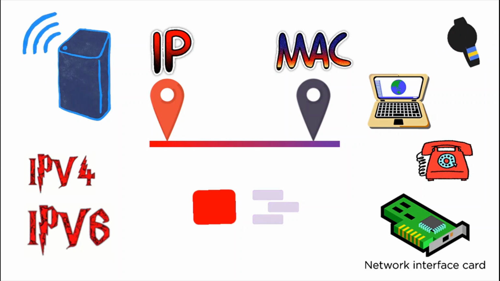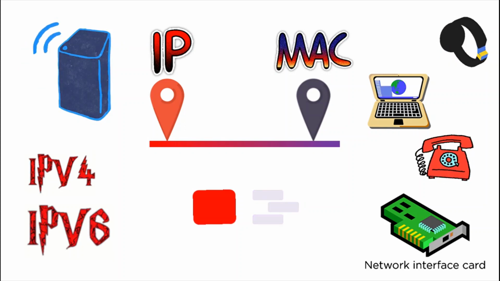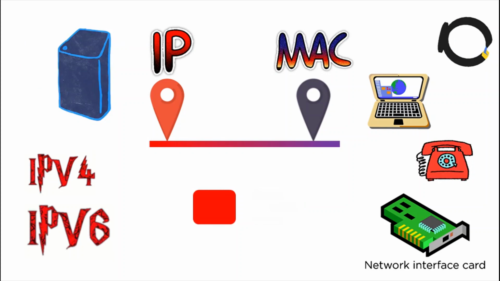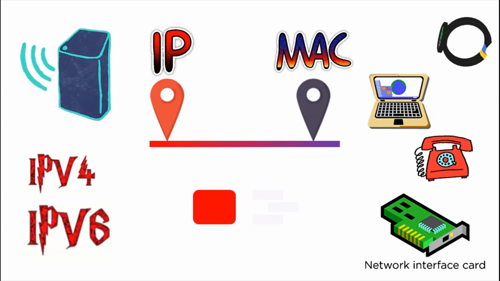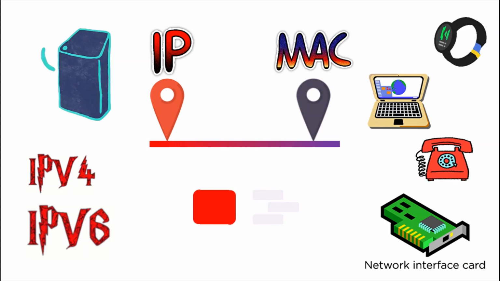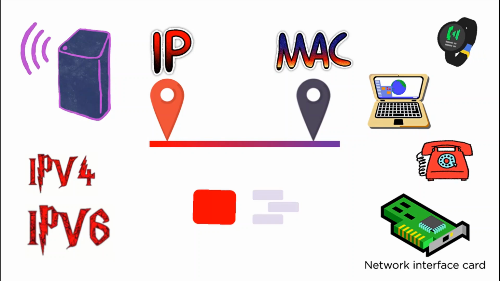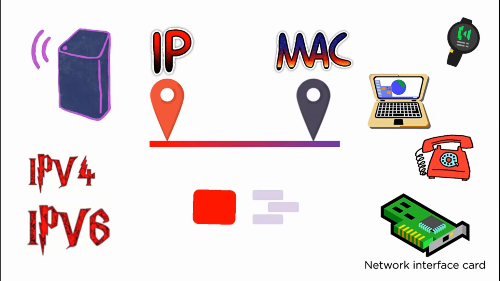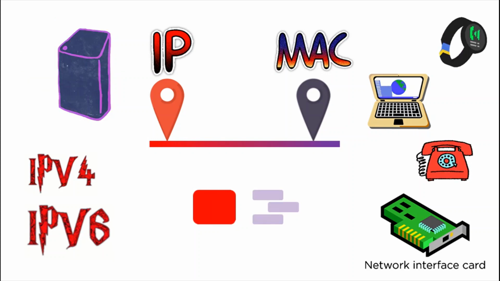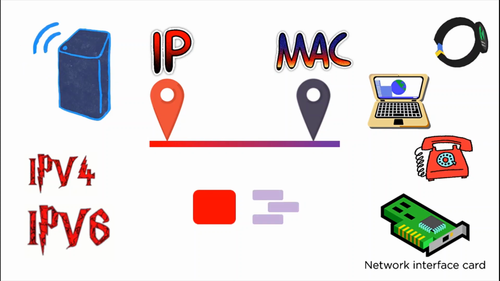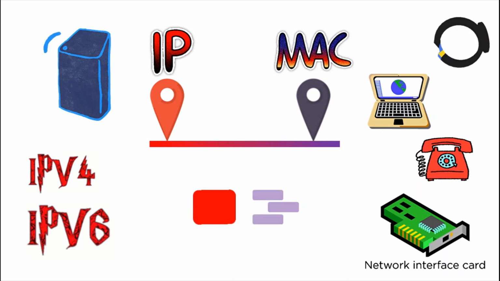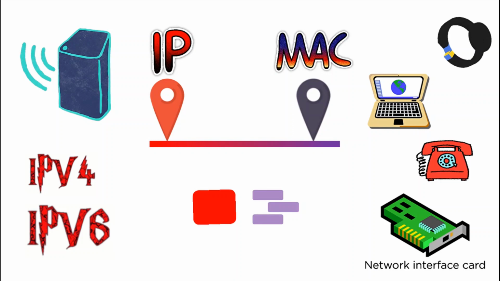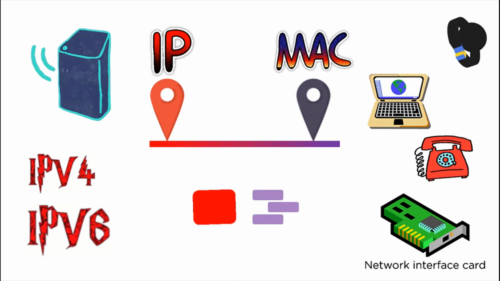Now, IP addresses have had multiple versions. We are in the transition between the 4th and the 6th versions. The only reason we transition is because the 4th version had a specific number of maximum devices that it could handle, and now there are way more devices on this planet. So we need to move to more numbers.